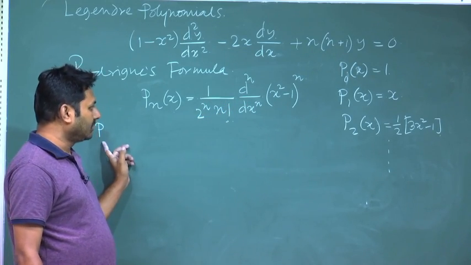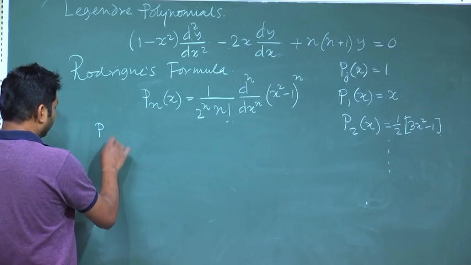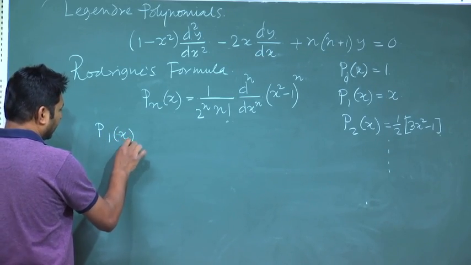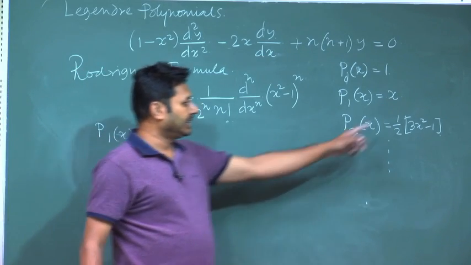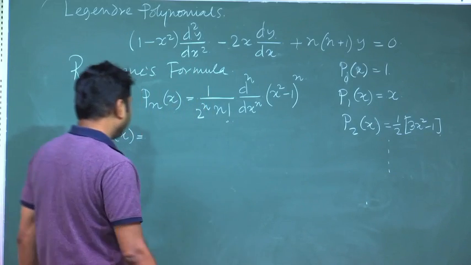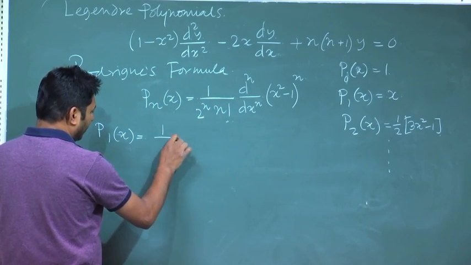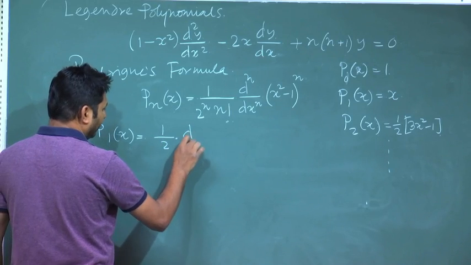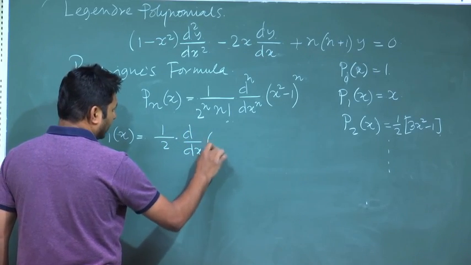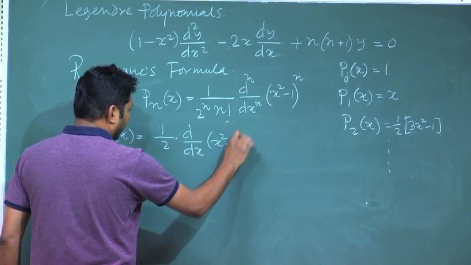What about P1? P1(x), which I wrote here as x, I am going to verify. P1 means n is equal to 1, so 1 by 2, the first order derivative of x squared minus 1, where n is 1.